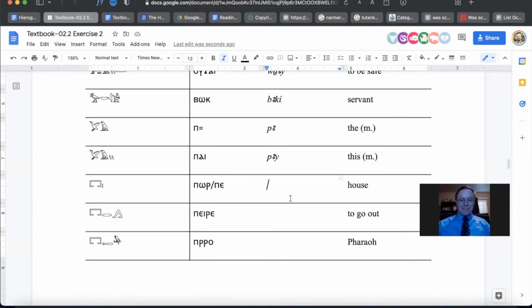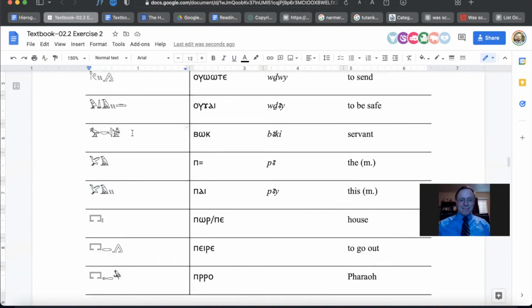Question on servant. What do the suffix pronouns look like in Late Egyptian? Is it the seated man as well? Yeah, and that ambiguity always exists throughout the history of written Egyptian.